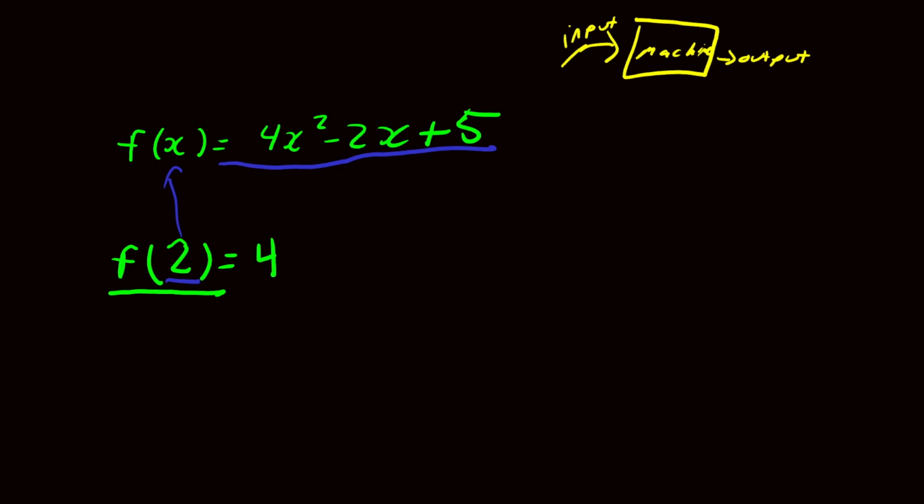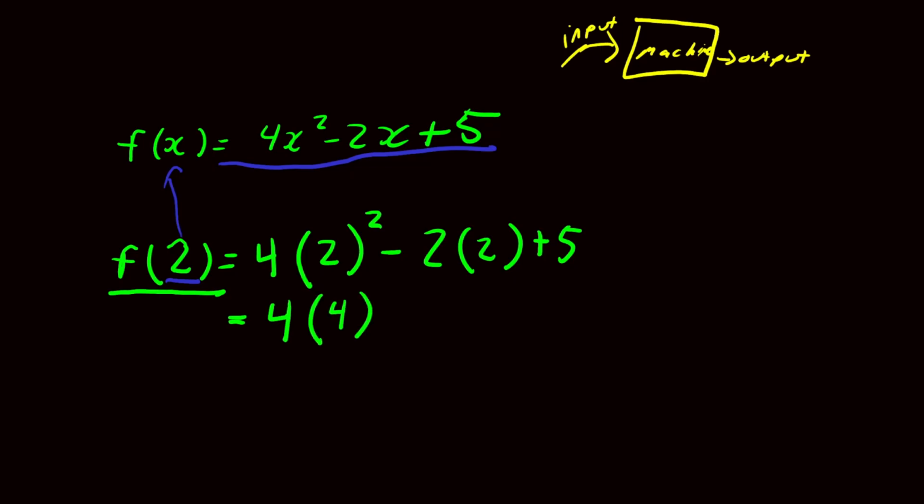So 4, replace the x, 2 squared minus 2 times 2 plus 5 equals 4 times 2 squared, which is 4, minus 2 times 2 is 4, and then plus 5. So I get 16 minus 4 plus 5, which equals 17. Okay, that's our basics. We already know how to do that.